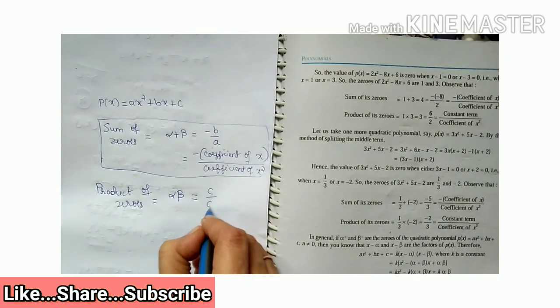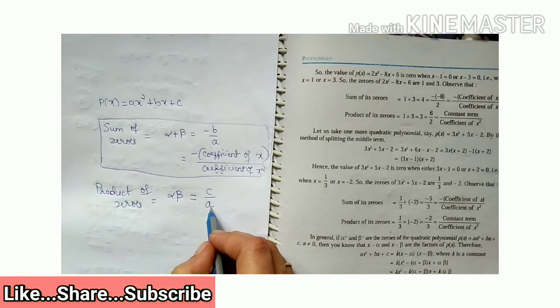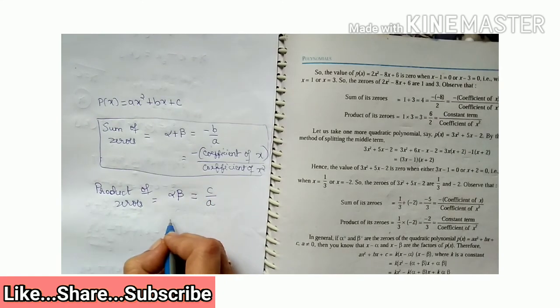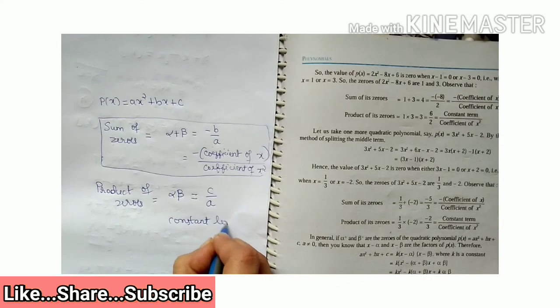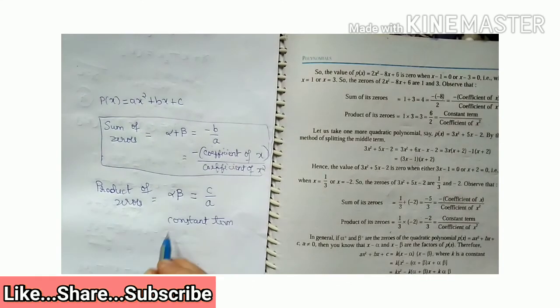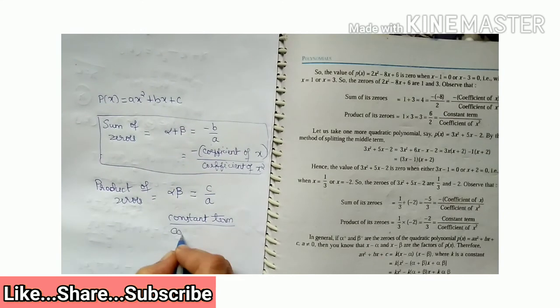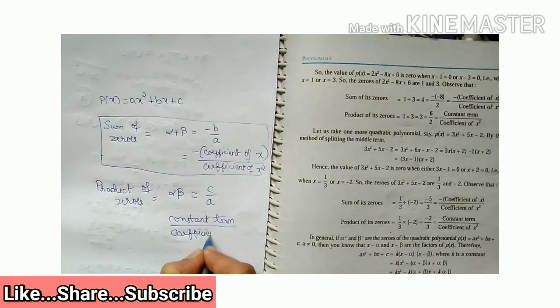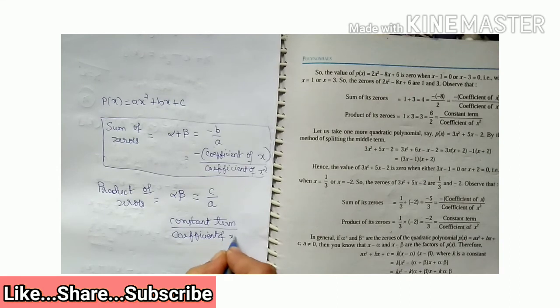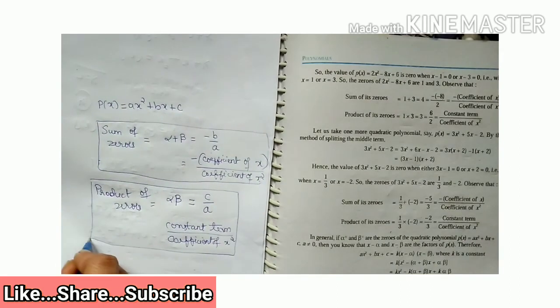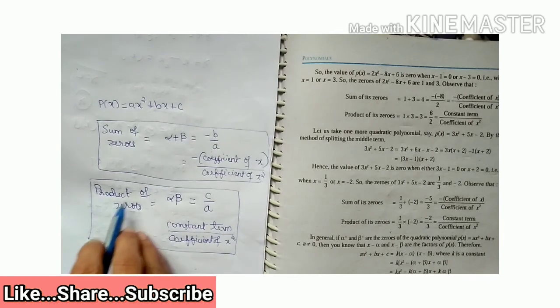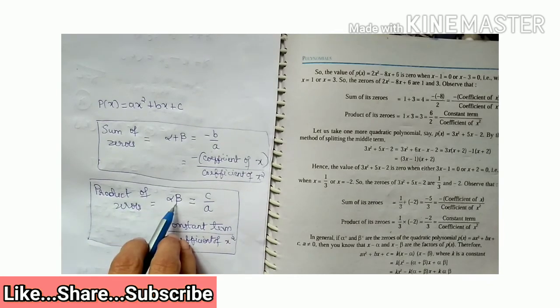Product of zeros is c by a, constant term divided by coefficient of x square. You have to remember this relation also while solving problems. Product of zeros is equal to alpha beta is equal to c by a, constant term divided by coefficient of x square.